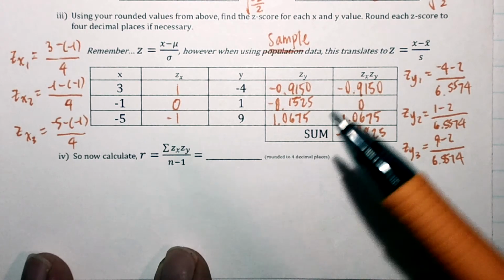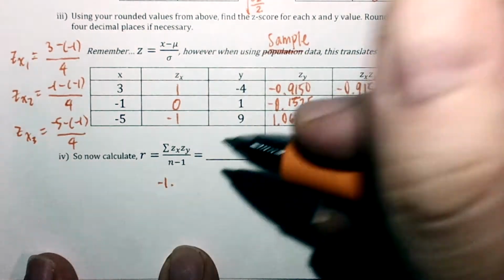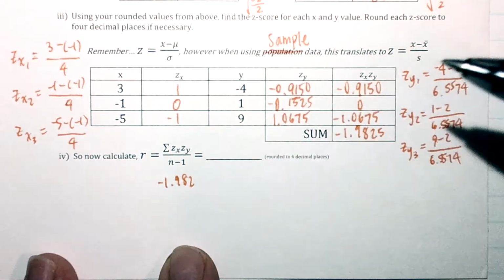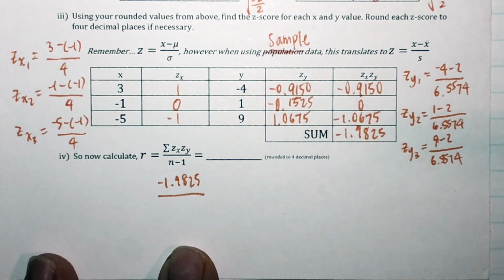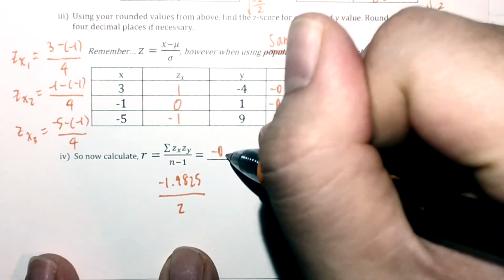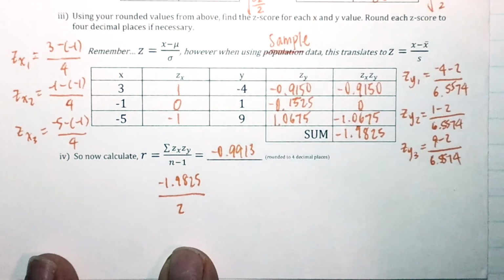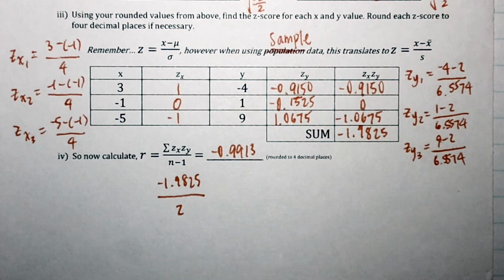So that looks like negative 1.9825 divided by, and we have 3 ordered pairs, so we divide by 2, and we get approximately negative 0.9913 rounded to 4 decimal places. So that's one way to find R.